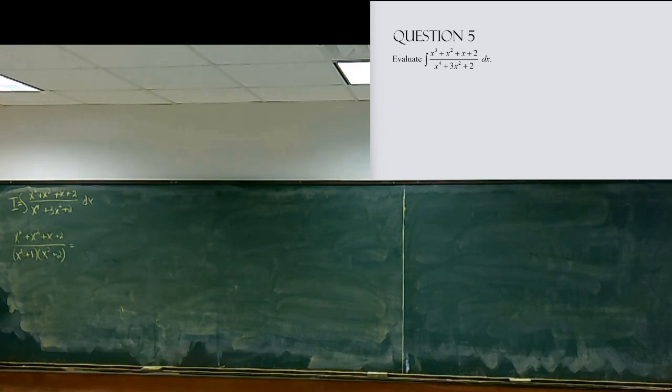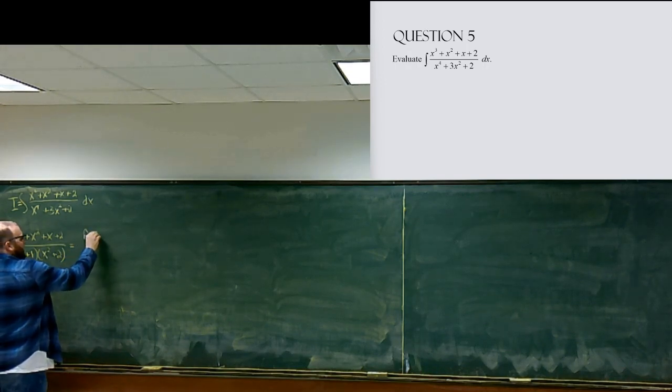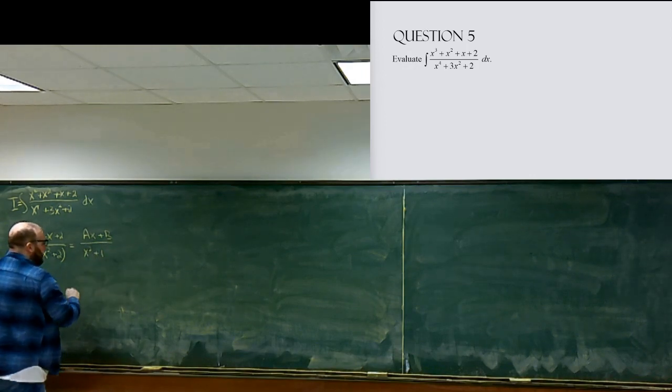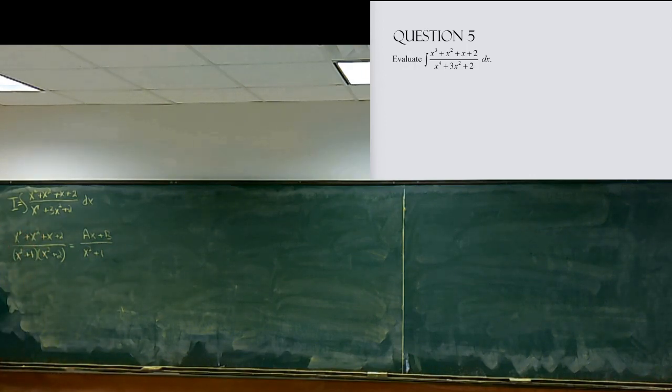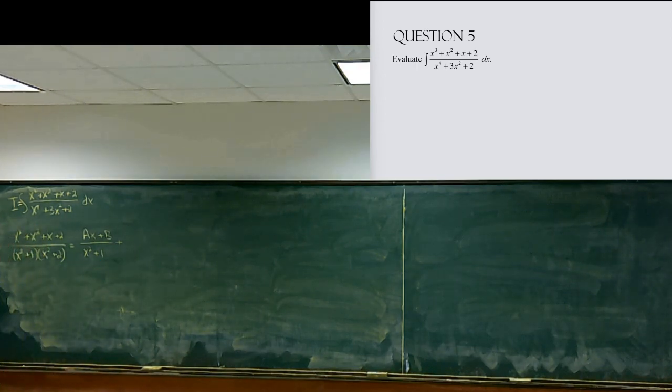And so the first factor is x squared plus 1, right? It will give you ax plus b over x squared plus 1. So what does the second factor give?